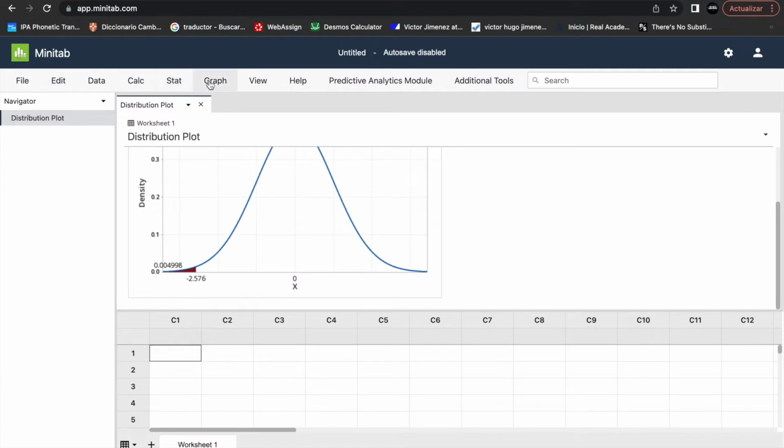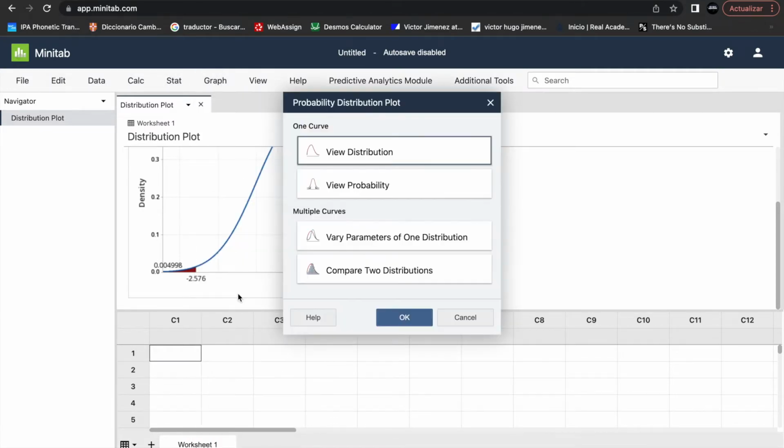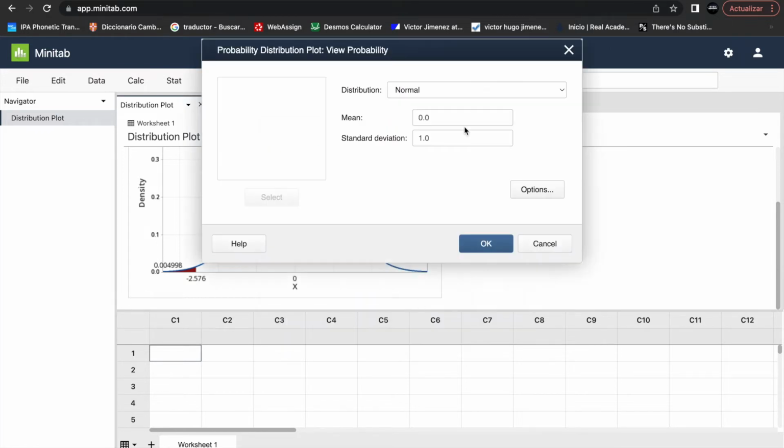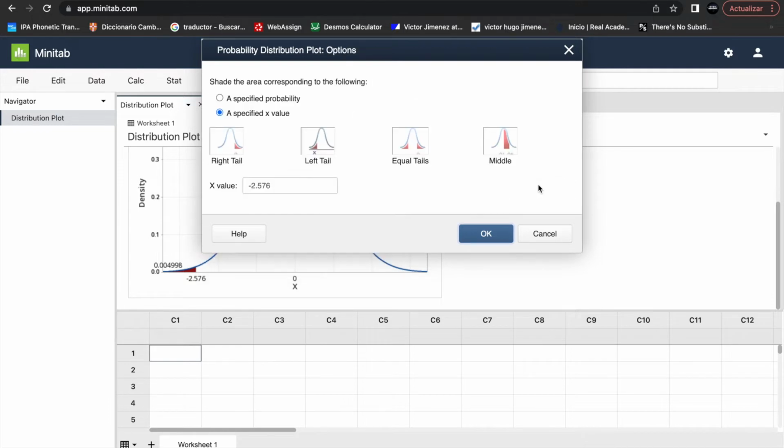So go to Minitab, graph, probability distribution plot, view probability. Okay. Options, here equal tails. Specify x value. You can type the positive or the negative one, I think, no problem. 1.96.